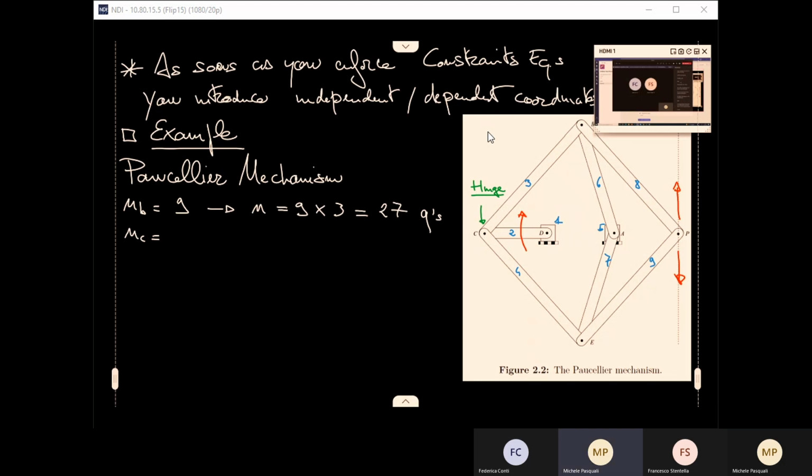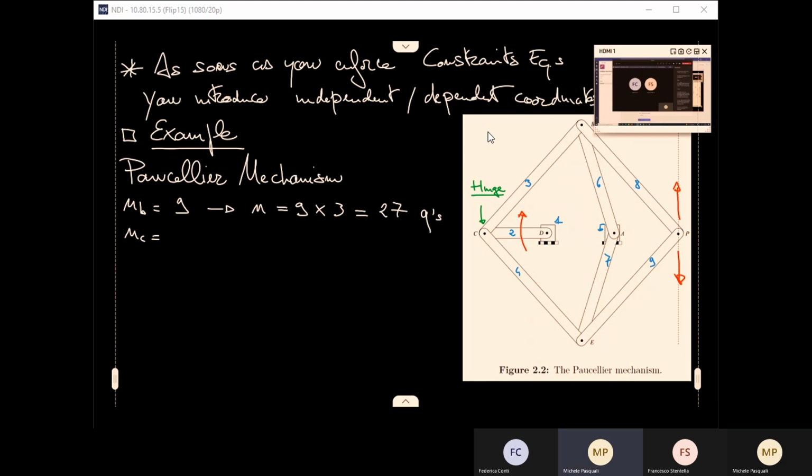So in this hinge D, we have 2 constraints, because you have to say that the position of these 2 points, X and Y, vertical and horizontal, must be the same. The parameter which is left is the rotation, which is free. Okay, so this is 2, but then pay attention because this is important.